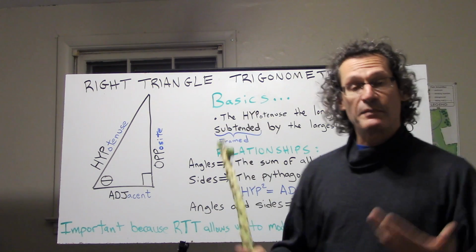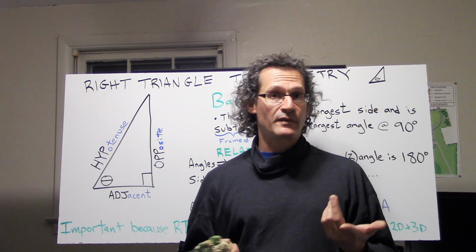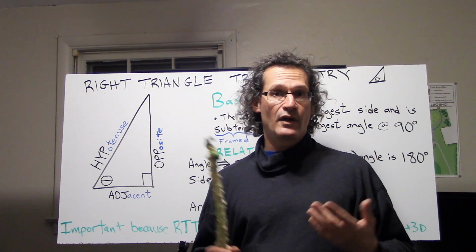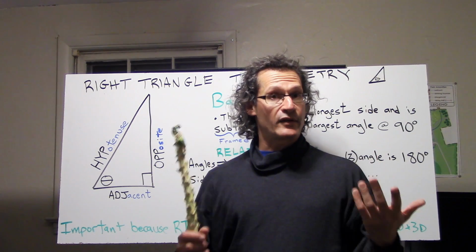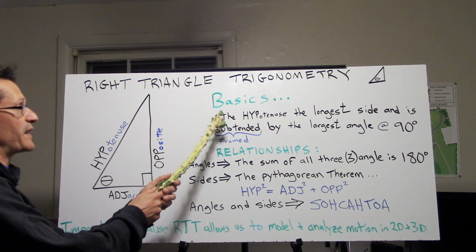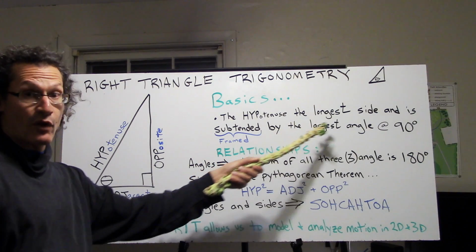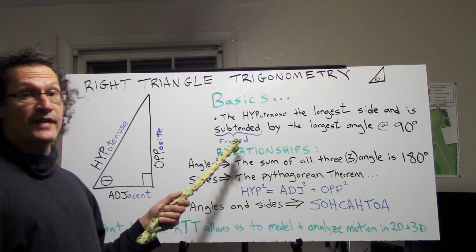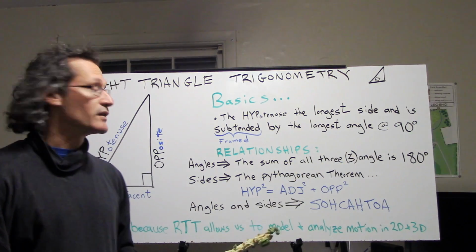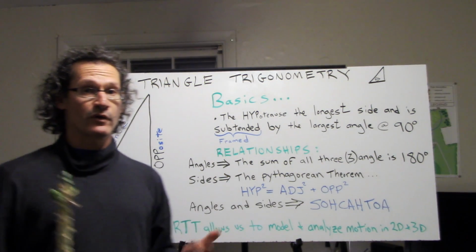All right, let's look at basics in this lesson, and then we'll go through some case examples of how we can analyze the triangle, and it will benefit us later on when we study motion in full. Okay, so the basics. The hypotenuse is the longest side, and it's subtended, awesome word, by the largest angle, which is 90 degrees. Subtended is a fancy word for framed.